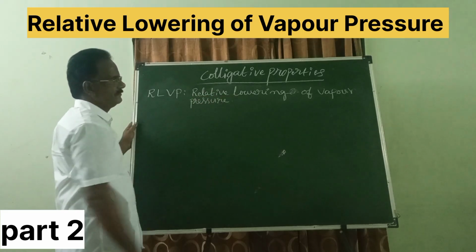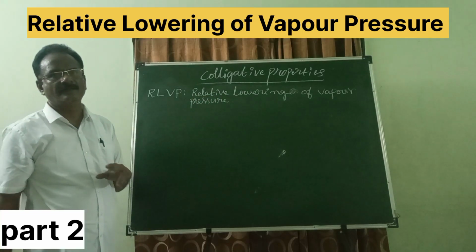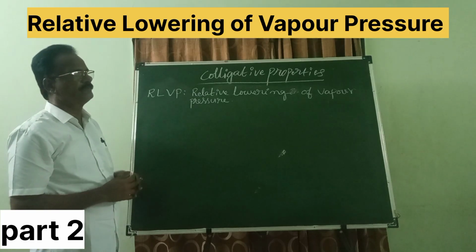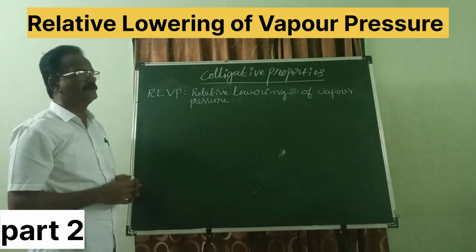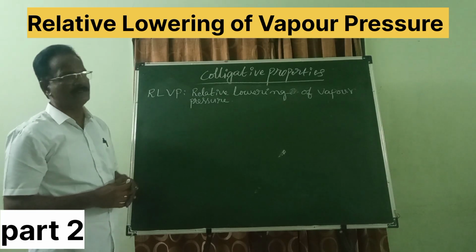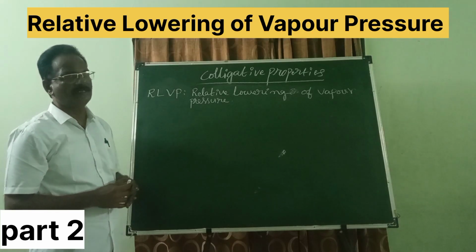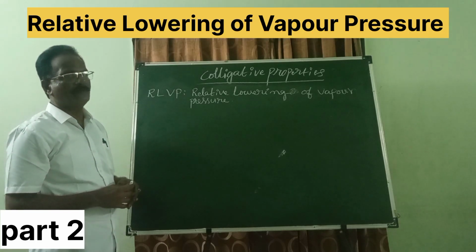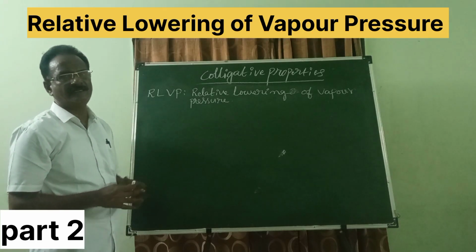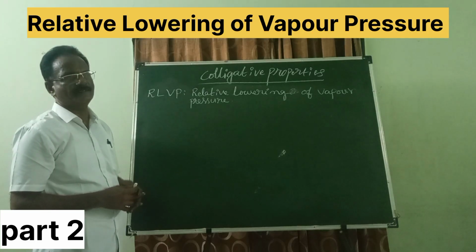Relative lowering of vapor pressure. Now, while we go through RLVP, relative lowering of vapor pressure, we should know about vapor pressure. Let us see now what is vapor pressure.